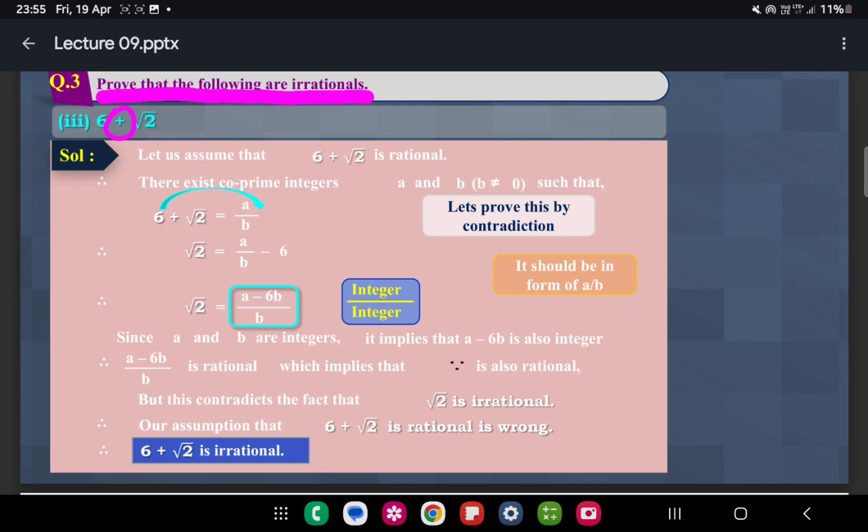Now you see here 6 plus root 2, we have to prove that it is irrational.